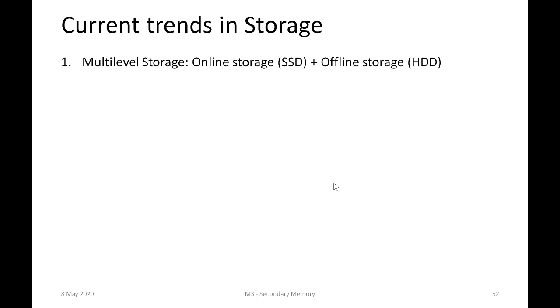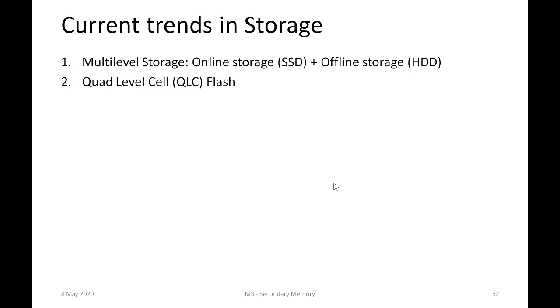Many of the current laptops come with a huge magnetic disk supported with 128 GB or 256 GB of SSD. So you can imagine that the SSD itself is acting as a cache for the magnetic disk. SSD is usually termed in such multi-level storage as online storage, and HDD is for offline storage.